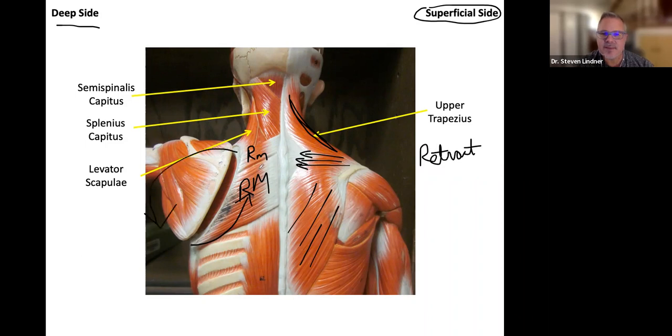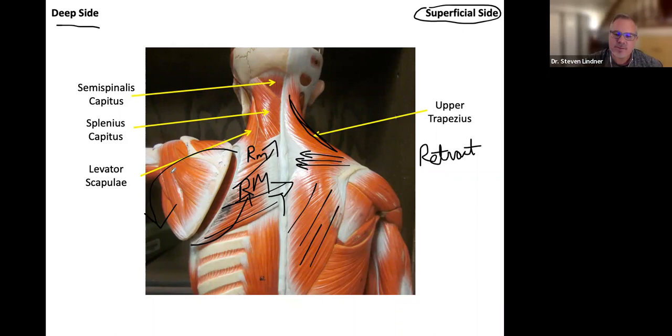So we say that the rhomboids adduct, but they downward rotate the scapula because the reference point is actually the glenoid cavity. If you look at these fibers, when these pull up in this direction, the opposite side has to rotate down. And that's where the glenoid fossa is, which is the reference point. So we say the rhomboids adduct and downward rotate the scapula.